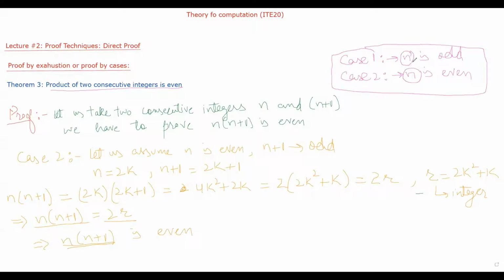No. So we have exhausted all the values possible for this n, and for all those values we have proved that this particular statement is true. So that means this statement holds for all values of n. This methodology or technique is called proof by exhaustion or proof by cases.